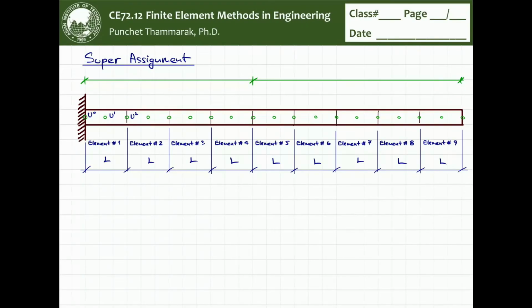So the cross section is EA in this zone, and EA varies linearly from here, which is EA, to 3EA.